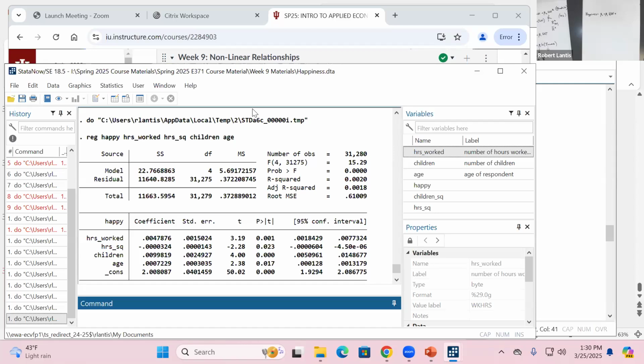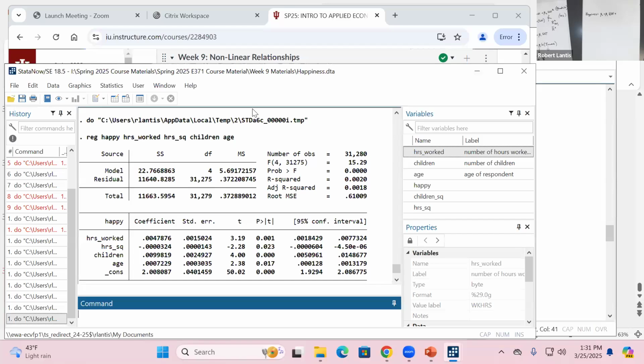If I create the squared term variable, now I can just, I think here it was SQ, right? Now I can actually reference what that coefficient is. So what I would want to do is solve this marginal effect for hours worked. I'd be left with what?